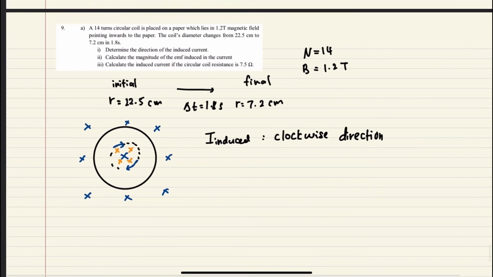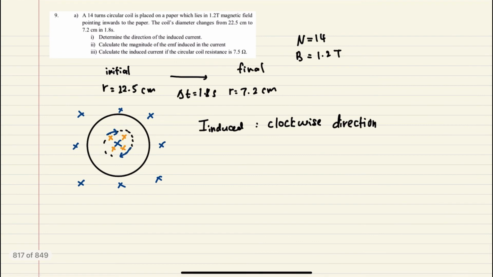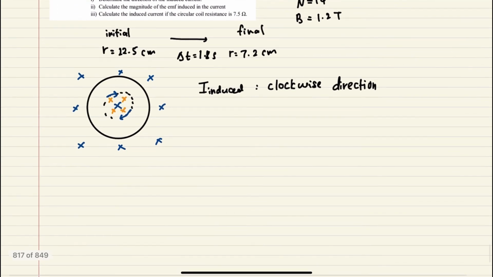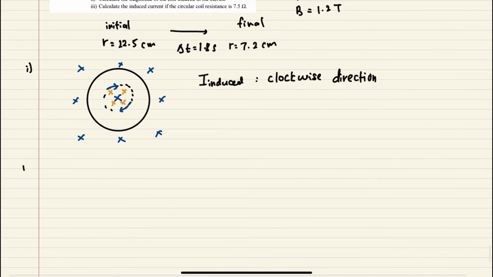Okay, and then calculate the magnitude of the EMF induced in the current. So part 2 basically wants to apply Faraday's law, dΦ over dt.